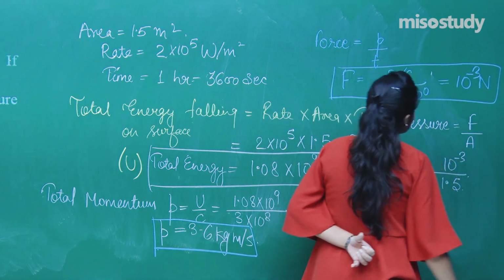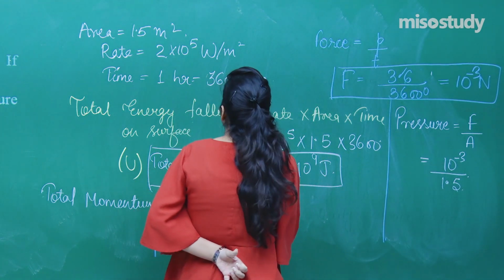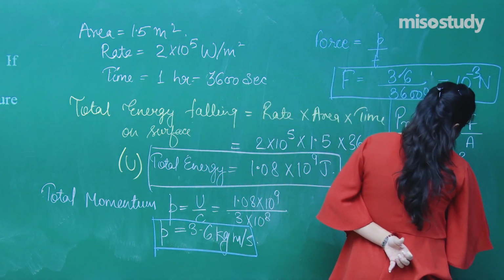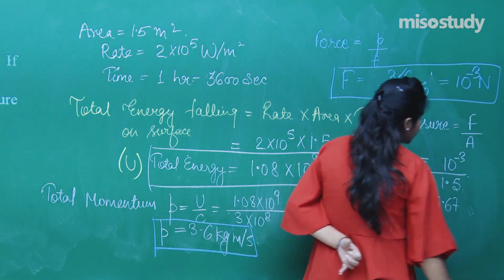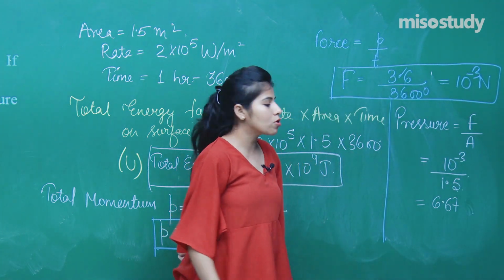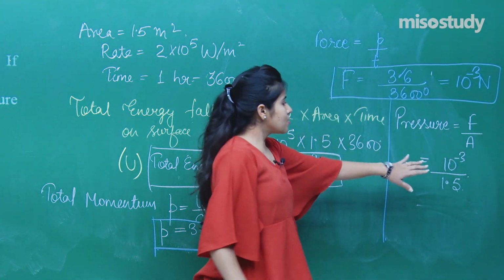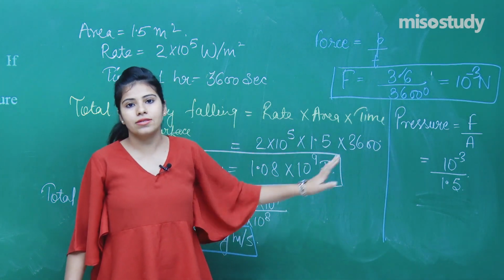So solve for it, you will have the pressure with you. If you solve it, the answer will come out to be in the range of 6.67 into 10 raised to the power something. So you can go for it and find out the answer. I am not going to write the answer for you, you just have to do it on your own. So it is as simple as that. You are going to find out the pressure, that will be your answer, that's it.